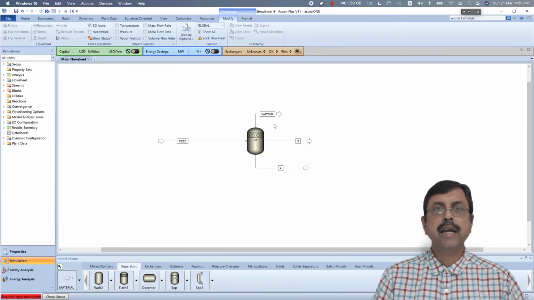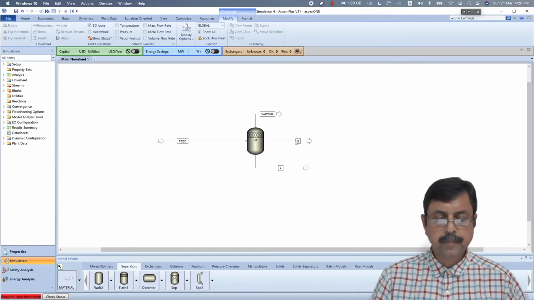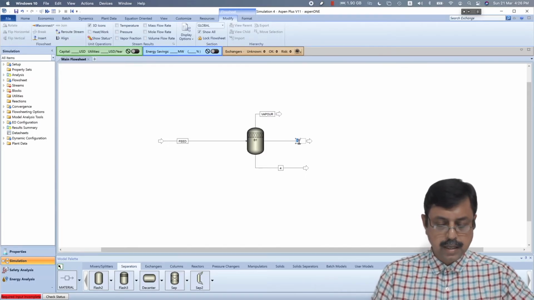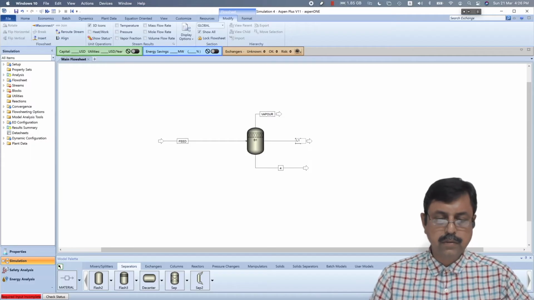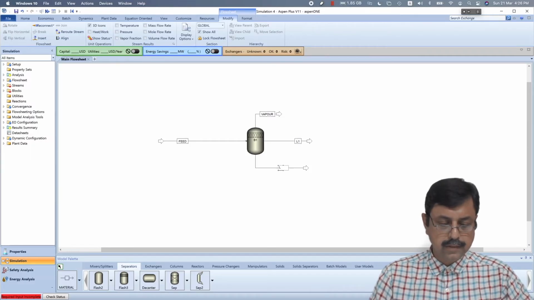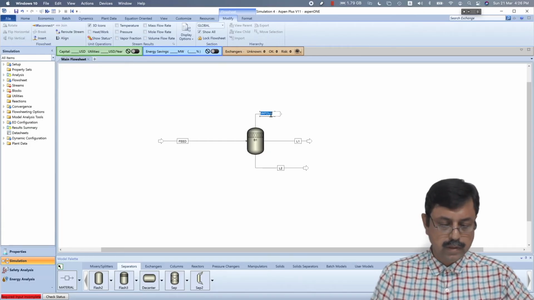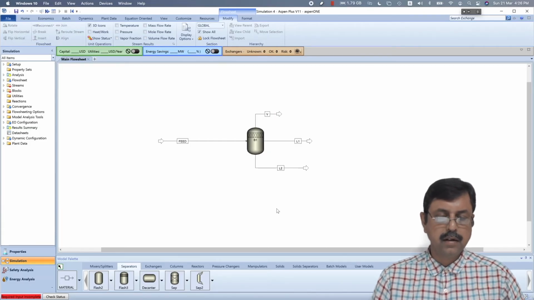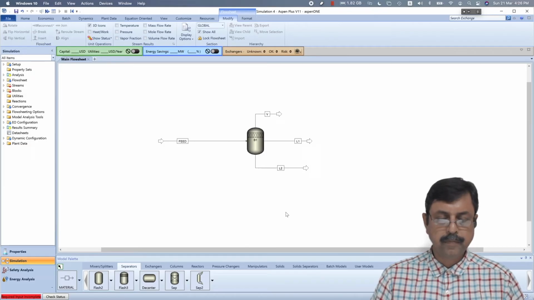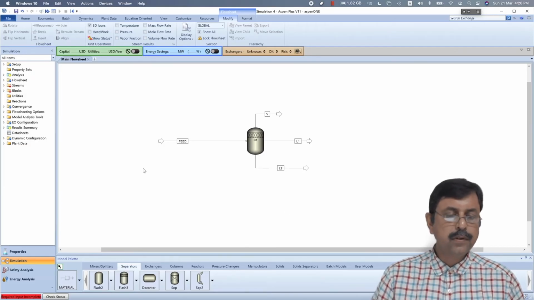Obviously it will go dry after the simulation, doesn't matter, but we have to set this vapor line. And here we have liquid 1, and this is liquid 2. We will use V instead of vapor. Okay, so press next.